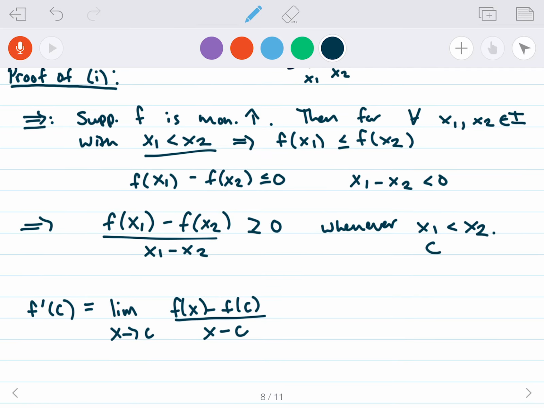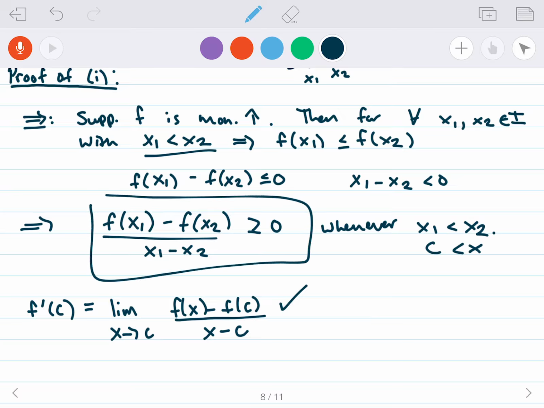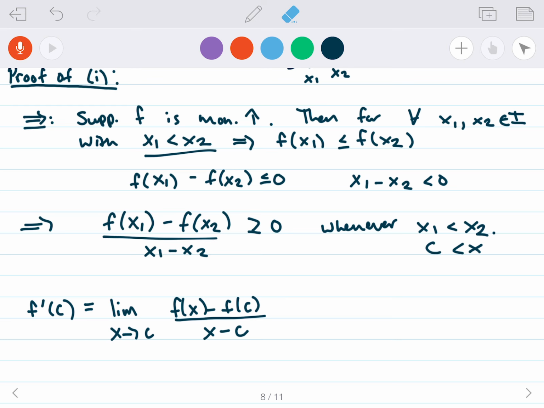Okay, so if c is less than x, then this is going to hold, right? Then we have this inequality, and so taking the limits is not going to change the direction of the inequality.